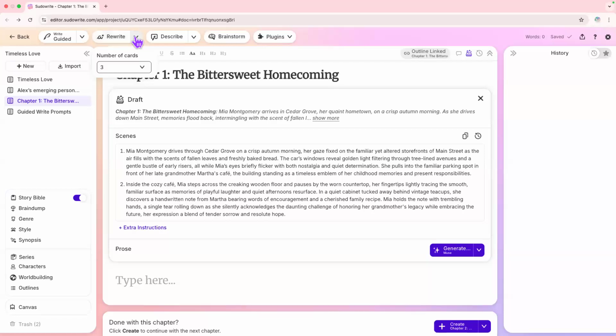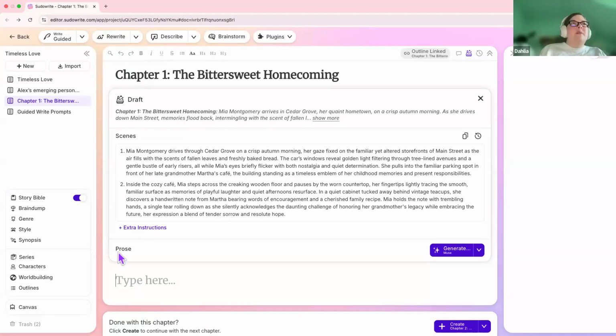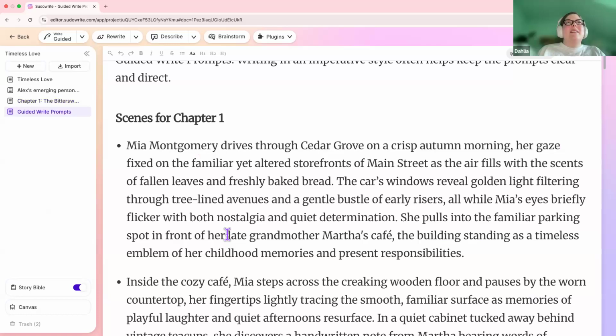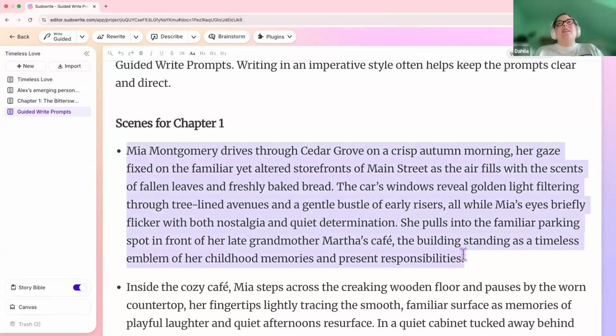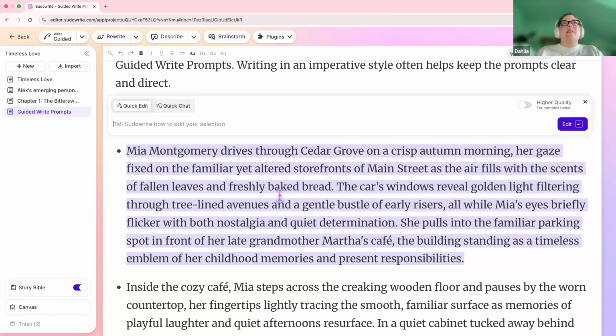Or I'll just head over to this little thing that I wanted to show you later, where you can just highlight a section, and then you can use quick edit and tell it how you want the section to be rewritten. That is also a possibility.